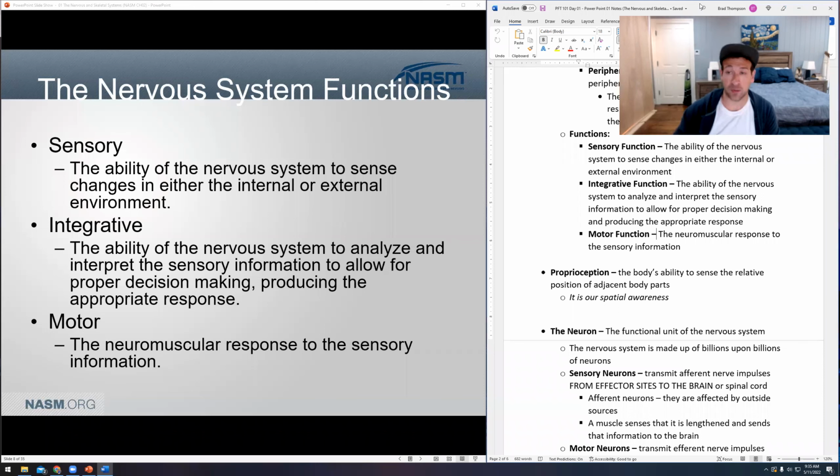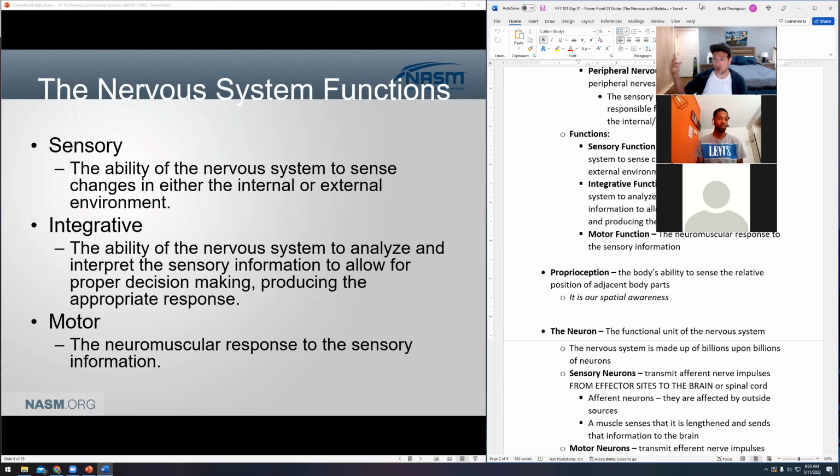That way you don't go ripping the door off the hinges when you go to open it. You're going to get a coffee mug and you don't want to do that, right? You only need a little bit of strength to open that cabinet door. How do you know how much strength to use? Well, that's sensory information coming in, and then motor information going out is the appropriate neuromuscular response.